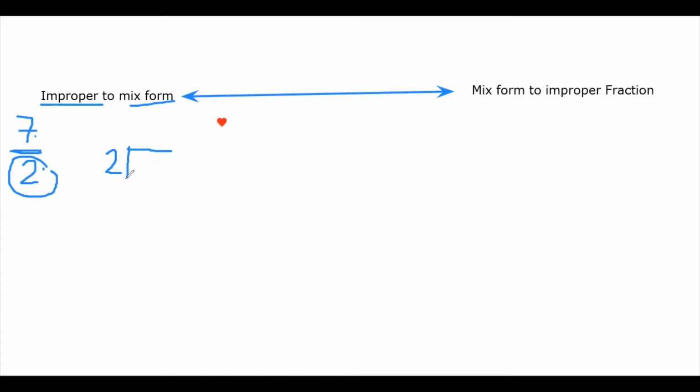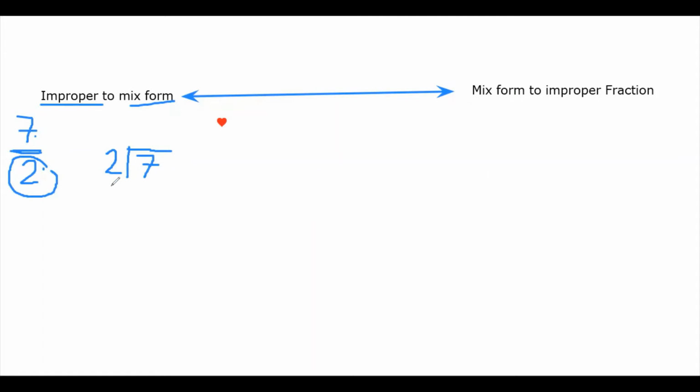This symbol is known to us as divide. If you see this kind of symbol, nasabi din natin agad na magdi-divide yan. If we see this kind of symbol, the thing that comes into our mind is division. So 7 divided by 2.